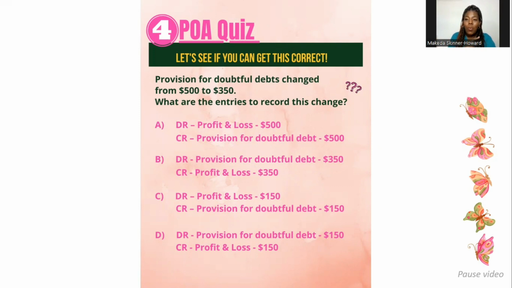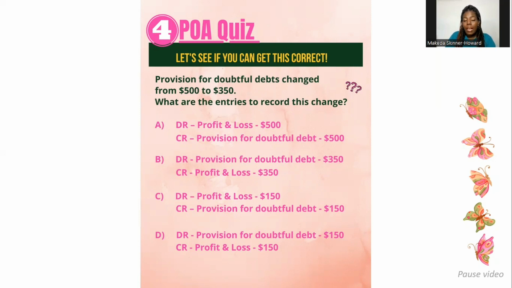Now, how do we know whether it's C or D? Well, another rule has to come into play here. And the rule says when provision for doubtful debt increases, that increase will be shown as an expense. So therefore, that increase is going to be debited or deducted from your profits. When we have provision for doubtful debt decreasing, which is the case in this question, we are going to show that decrease as an income.